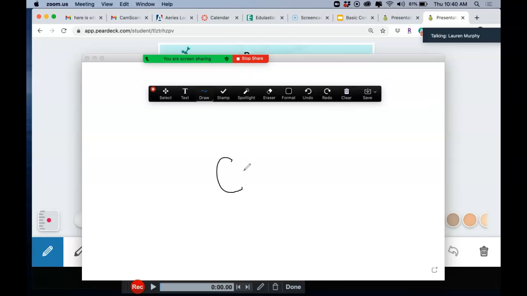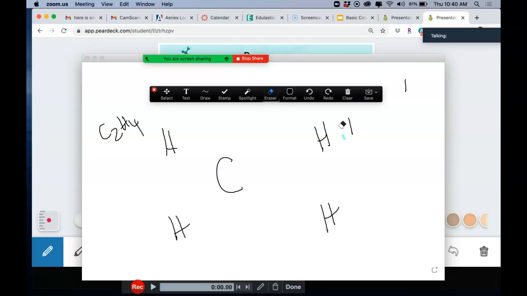pi bonds. So carbon, I'm going to do C2H4. Whoa, I drew that a little bit far away. Okay, the carbon-hydrogen bond is a single bond.